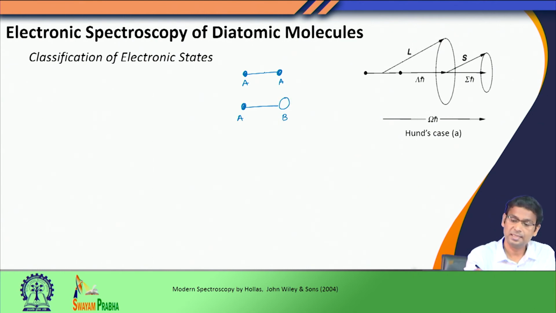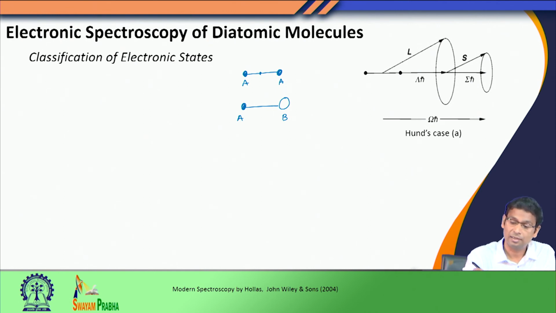Now, I immediately say that if this is the center of mass, this molecule A2 has a center of inversion. That means, if I start from this atom, go through the origin and continue to go forward, I will reach the other side and I would not distinguish the new molecule, whereas this molecule AB does not have a center of inversion.